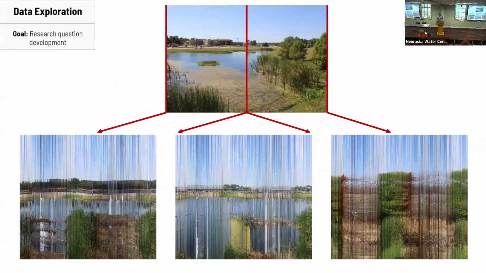But to explore data, this is another example of that composite slice image functionality. Here we're looking at a pond in Lincoln, Nebraska, where they have some floating treatment wetlands. They're interested in water quality. If you look on the far right side of the image and you look at that red vertical line, I basically used GRIME AI.